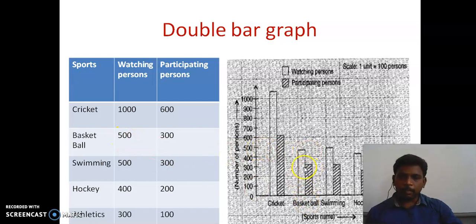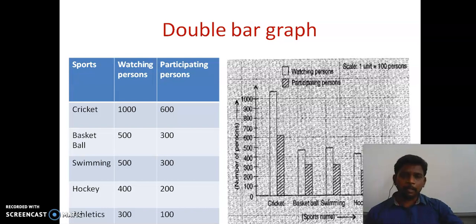And the number of participants corresponds to 300. So that is basketball. And similarly here swimming, and similarly hockey, athletics. So the graph is represented here with double bars, double information. So we have to compare the bars here, in cricket, basketball, swimming, whatever it is.